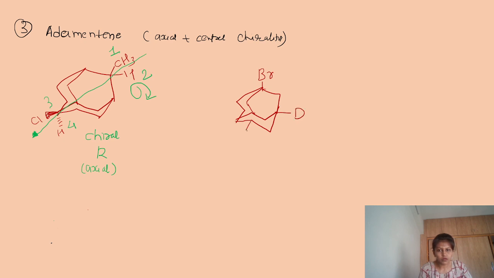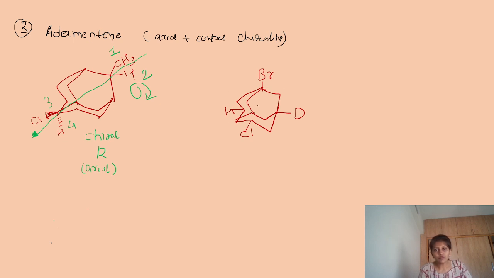Here another one is chlorine, and another one is suppose hydrogen. So you have to write one functional group over here. After one carbon you can write another functional group, and after one carbon another functional group.